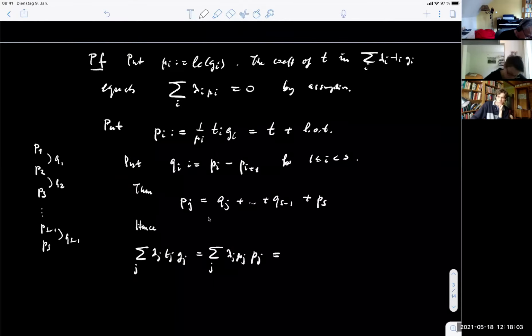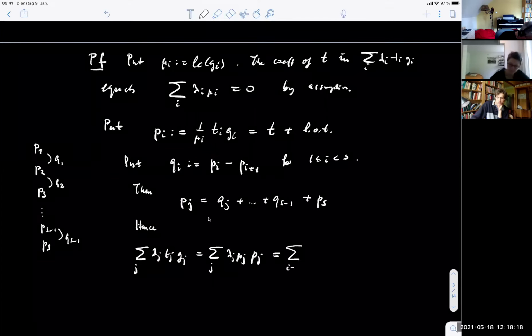Now I plug in and express the P J's using that. I exchange the order of the summation, and then I get this. Maybe I don't give every step. After changing the order of the summation, I have this. You check the details yourself.